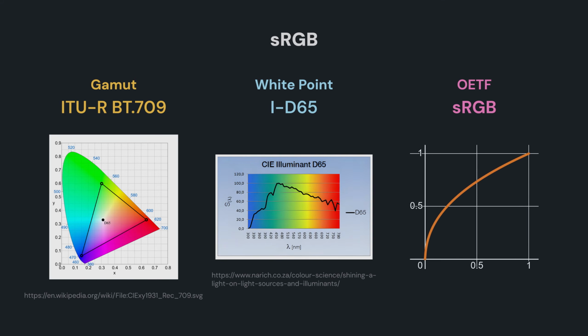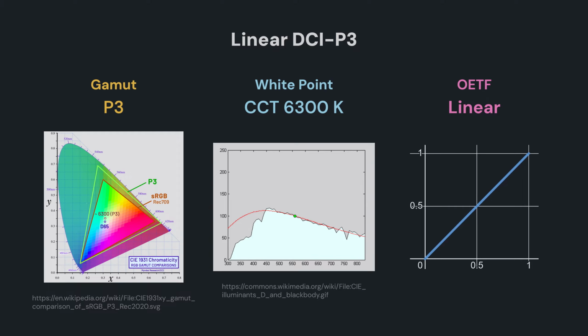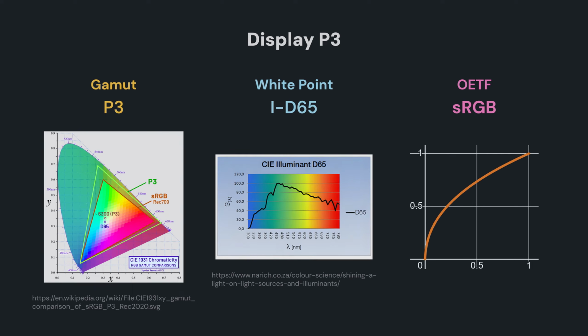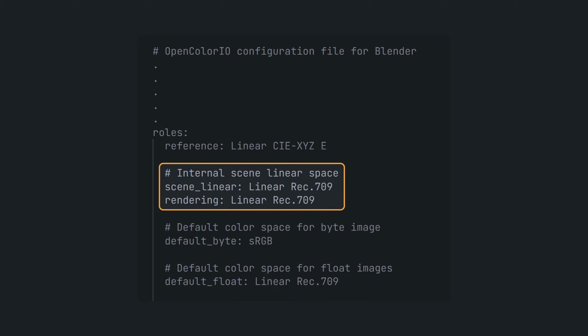Some standard color spaces include sRGB, which is what most display devices use, linear Rec. 709 or BT.709, also called linear sRGB, DCI-P3, Display P3, and BT.2020, which has a very wide gamut and is used in some laser projectors. By default, Blender uses linear Rec. 709 as its working space, and it's what we'll use for our model as well.